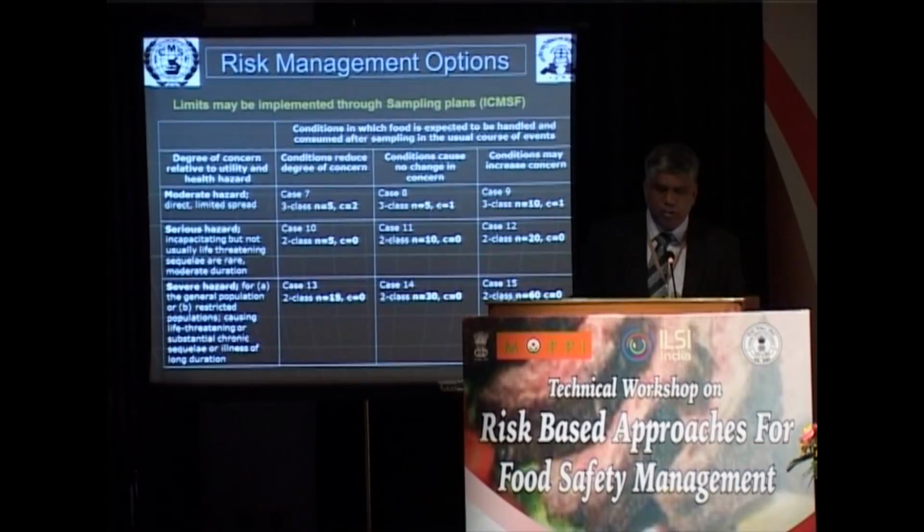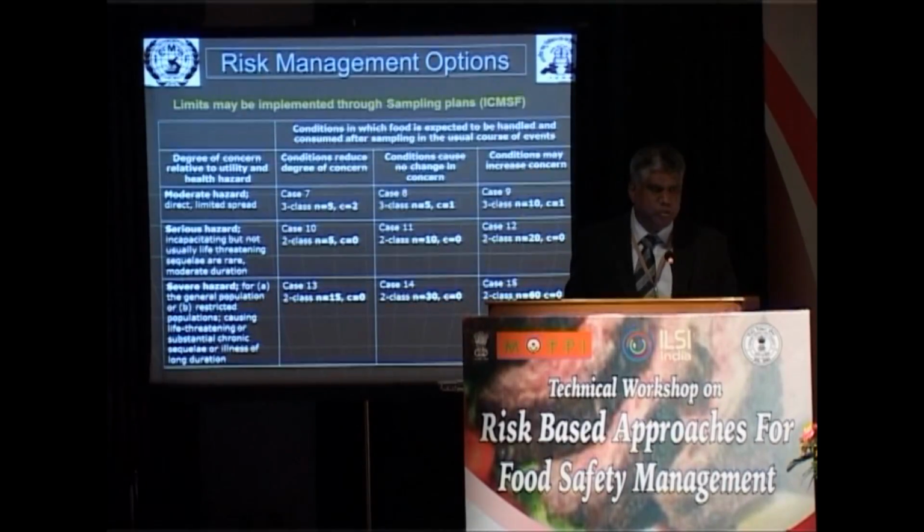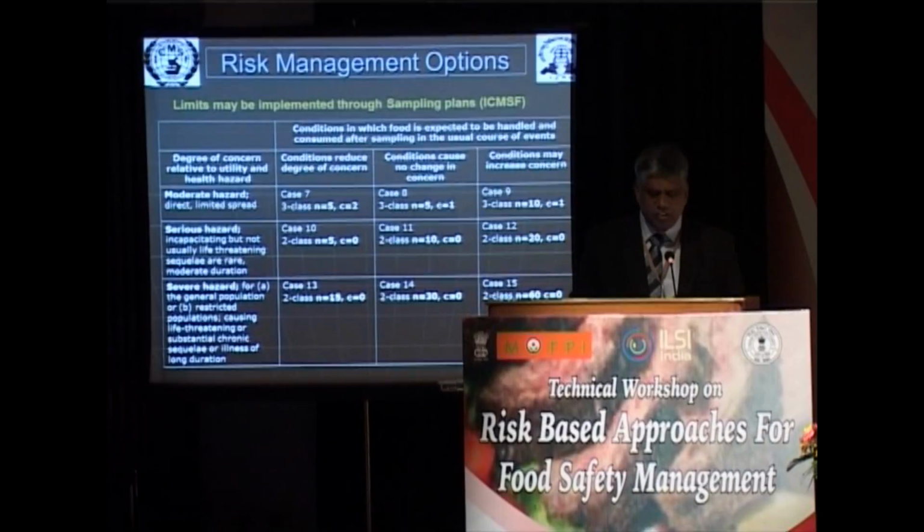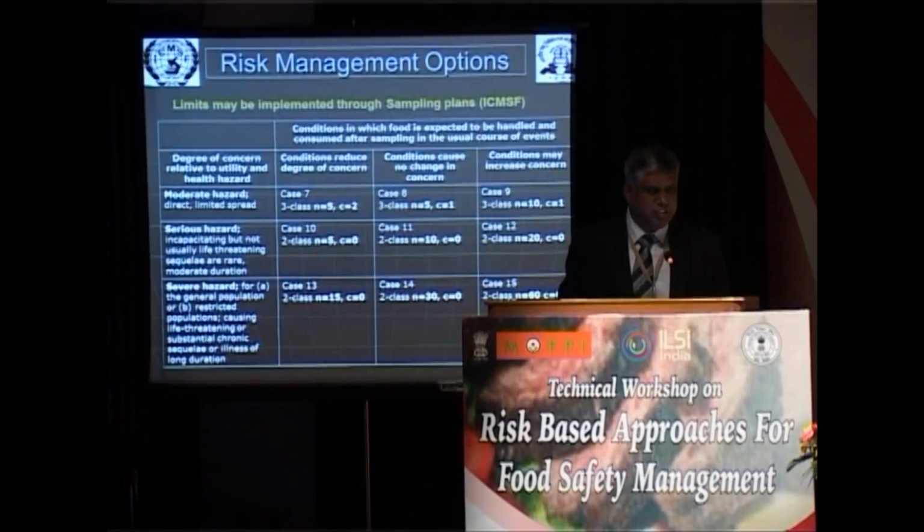Then it takes care of food handling practices, whether there is a condition which will reduce the degree of hazard, cause no change in hazard, or may increase it. So depending on these parameters, the sampling plan can become more stringent.